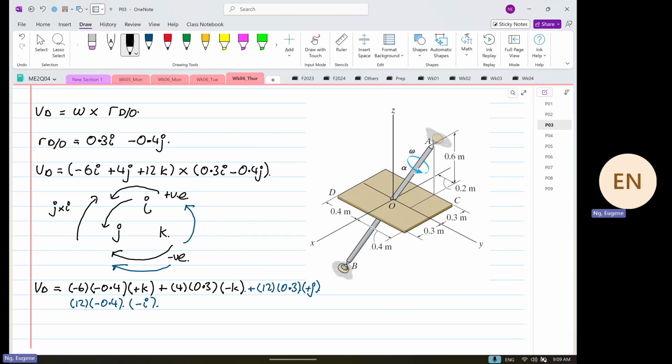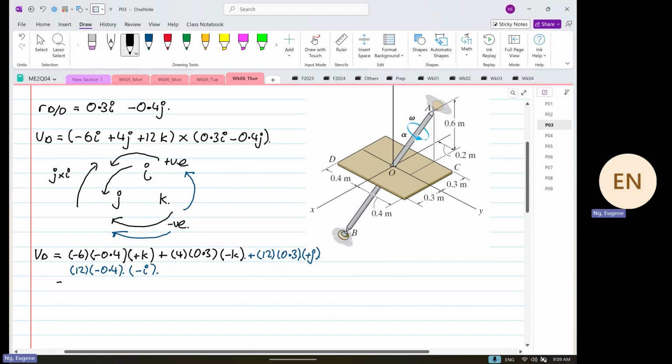Okay. So this in turn will give you 6 multiplied by 0.4, 2.4k, minus 1.2k, plus 3.6j, plus 4.8i.